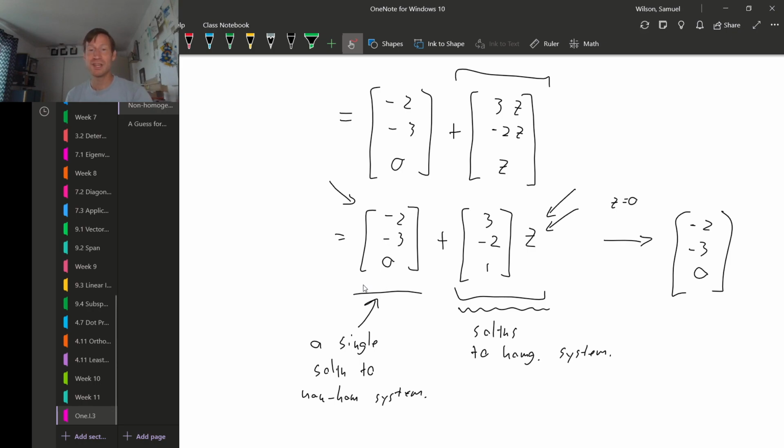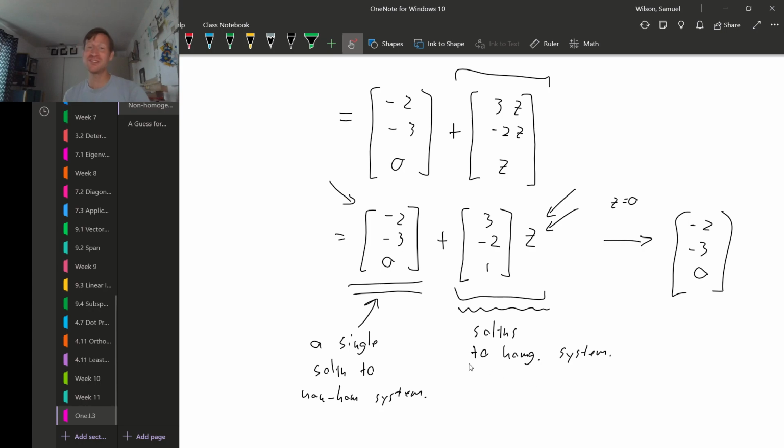But it looks like all of our solutions to the non-homogeneous system are a single solution to the system plus all of the solutions to the associated homogeneous system, which is a bit of a surprise that the solutions to the associated homogeneous system show up, at least in this example.